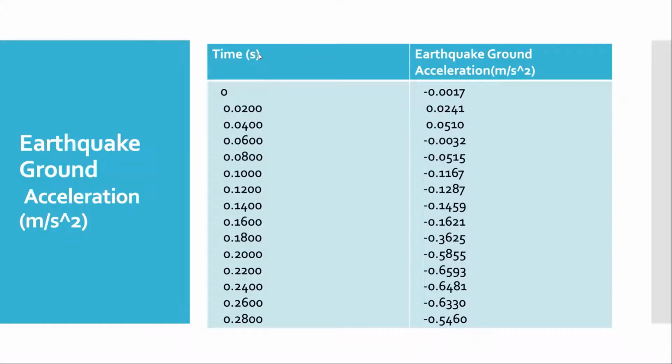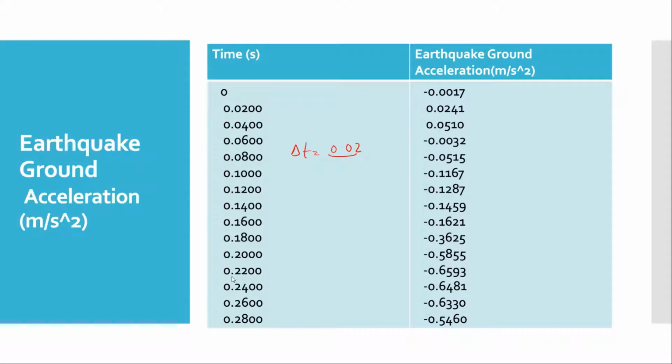Here I have shown a set of 15 data points. Suppose there is discrete data of 15 values; we can search for the maximum value corresponding to the time in seconds. The delta t here is given as 0.02 seconds, and corresponding to that time history we get the acceleration.